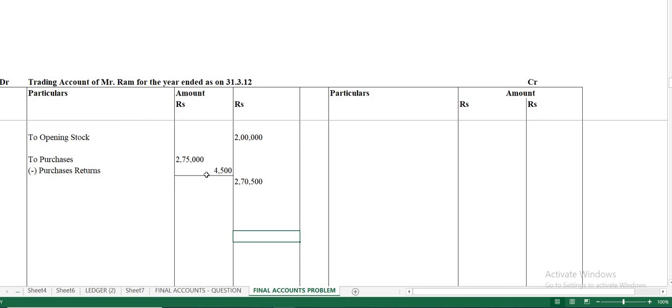So you have to draw a line and show. Okay, amount you should always write in the proper units column. Okay, so final amount I have entered over here. Now you have to just check it out.